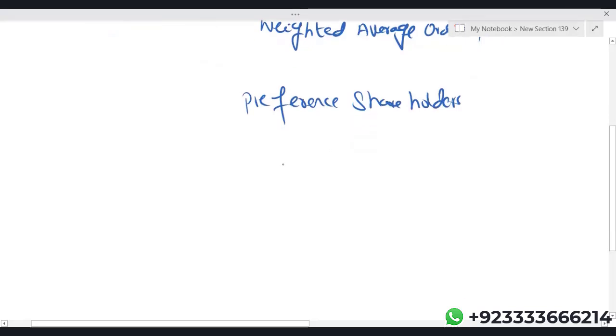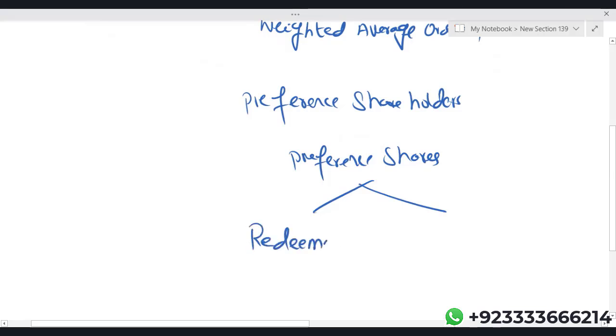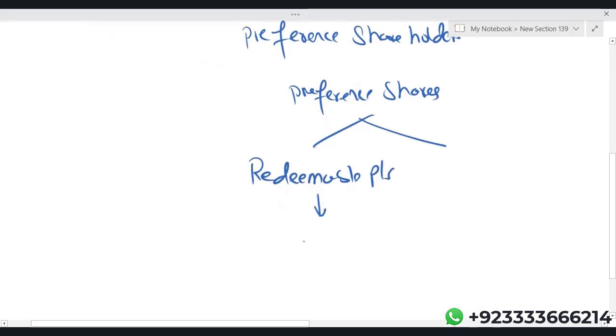There are two types of preference shares. Redeemable: a redeemable preference share is your loan.